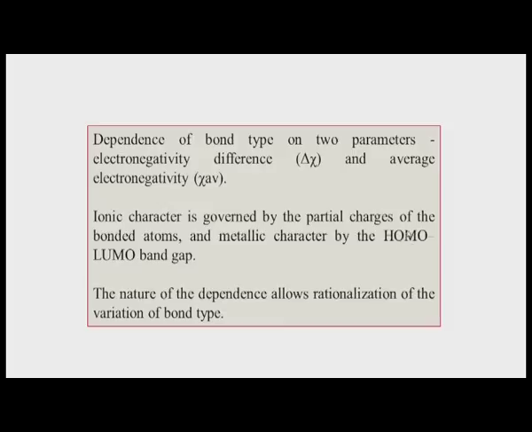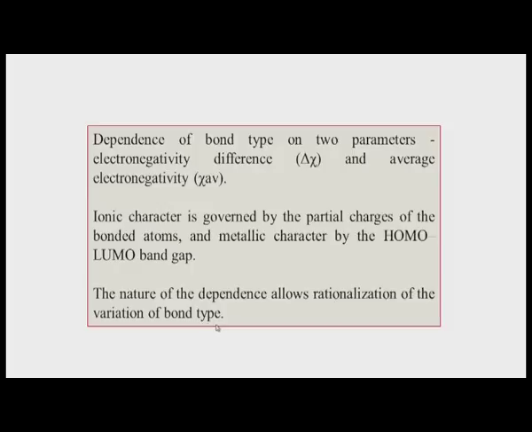So, we have to take the help of the molecular orbital picture, and the gap between the highest occupied molecular orbital and the lowest unoccupied molecular orbital will give rise to the band gap, and that band gap will tell you the metallic character. So, conduction bands and valence bands are formed, and those bands will typically go for a metallic bond. So, it is of a different type, and we basically see that the nature of the dependence allows the rationalization of the variation of the bond type.